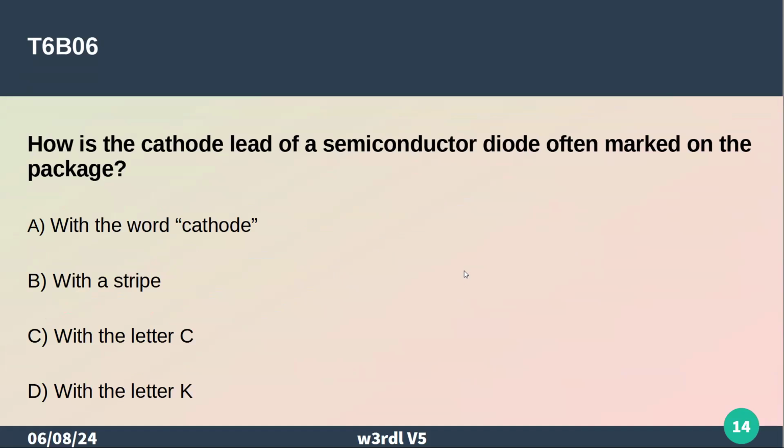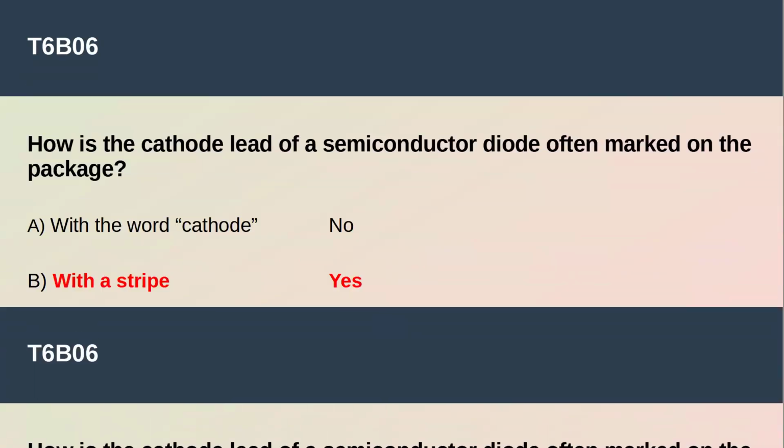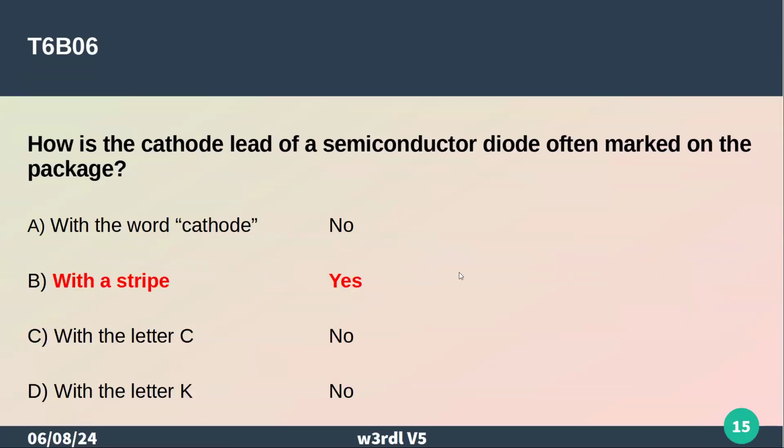How is the cathode lead of a semiconductor diode often marked on the package? Bravo. That's not always true, but most of the time on small ones it is.